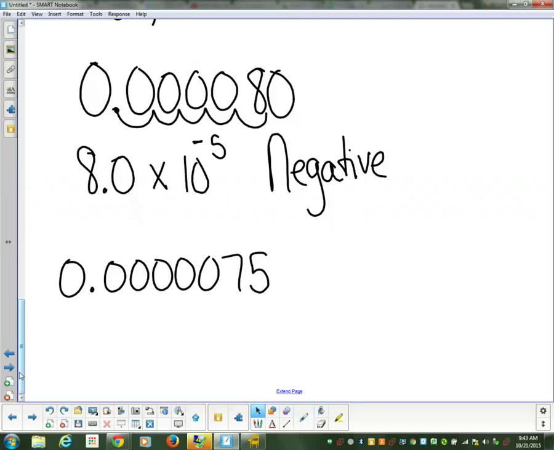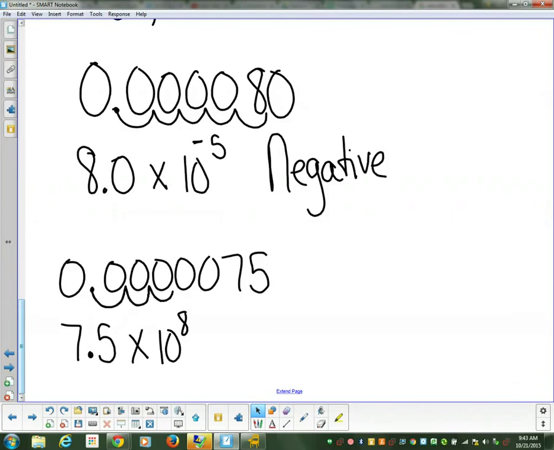Lila, I'm going to give you the honors of doing this one. So what is the number that should be written first? What is the whole number between 1 and 10? What's that? Okay, 7.5, because 75 wouldn't fit into that range, times, what did you put down, Lila? What's that? 8th power. All right, let's check Lila's work.